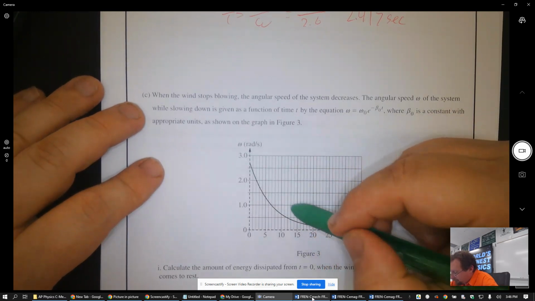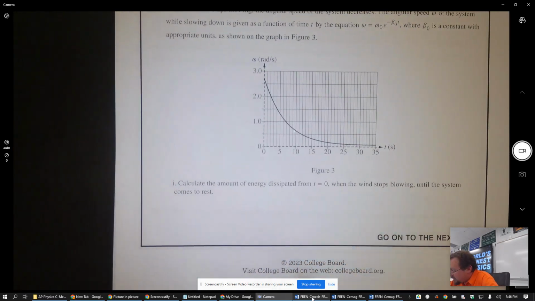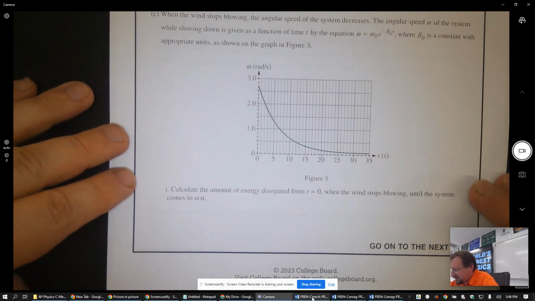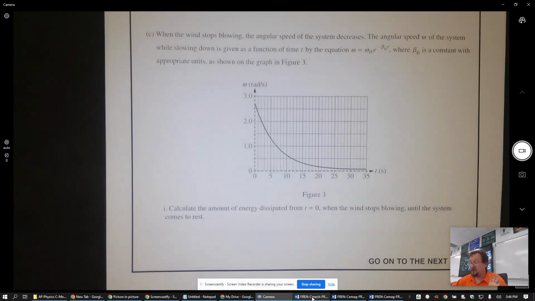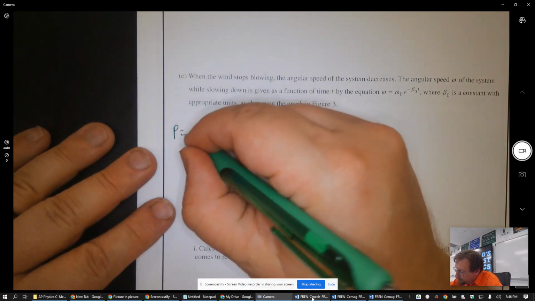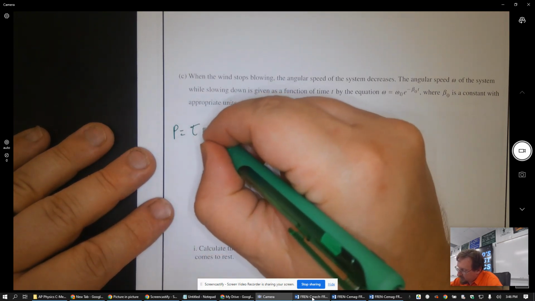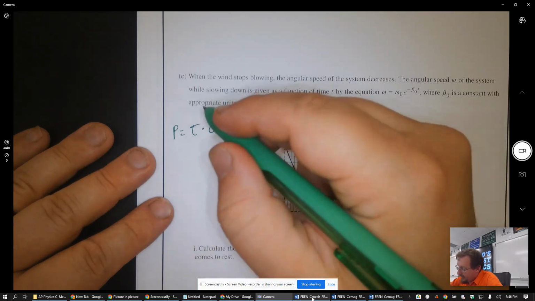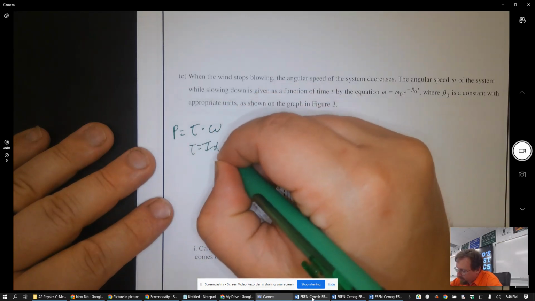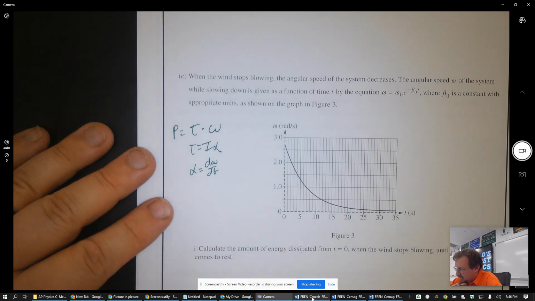All right. Calculate the amount of energy dissipated from time equals 0 until the wind stops blowing and the system comes to rest. Okay, I'm going to show you 2 ways to do this. One way to do it is the hard way. I really hope your students didn't do this. I hope they didn't say power is going to be torque times omega, and torque equals I alpha, and alpha is the derivative of omega with respect to time, right?